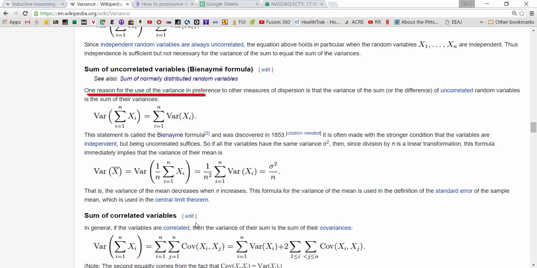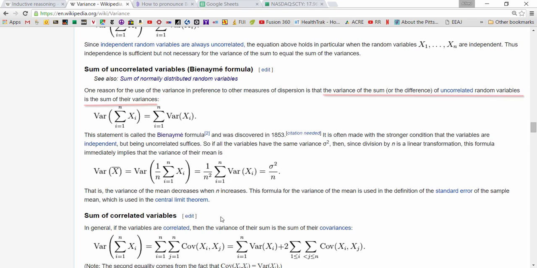One reason for the use of the variance in preference to other measures of dispersion is that the variance of the sum, or the difference, of uncorrelated random variables is the sum of their variances.